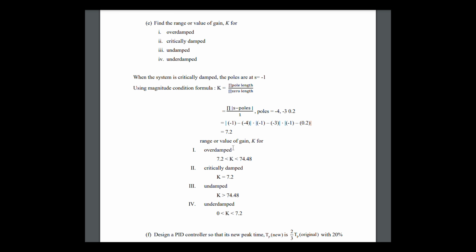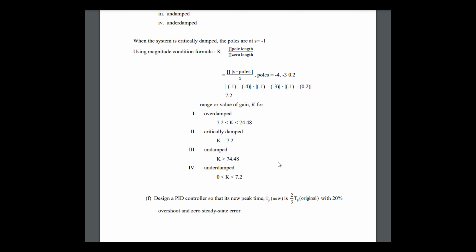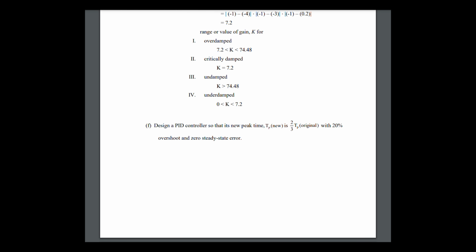For the range of K for overdamped, 7.2 less than K less than 74.48. For critically damped, K equals 7.2, and for underdamped, if K is greater than 74.48. For undamped, K equals 74.48, and for 0 less than K less than 7.2 it is overdamped. So that's all for the calculation part for system 1.